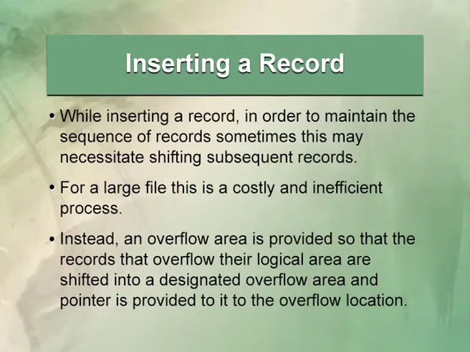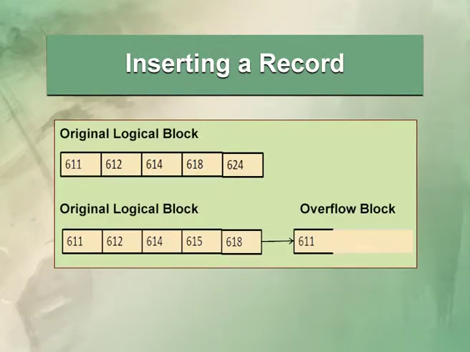So, let us see it in a figurative way. Here the original logical block is shown with 5 records, 611, this is the primary key, then 612, 614, 618 and then 624. Then we want to insert a record with the primary key 615.